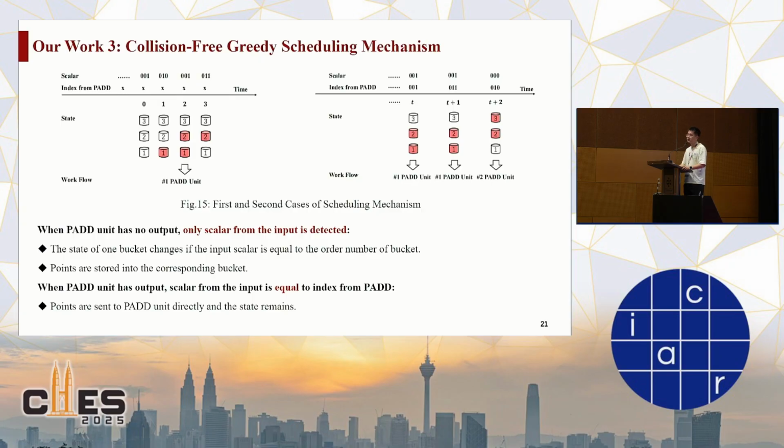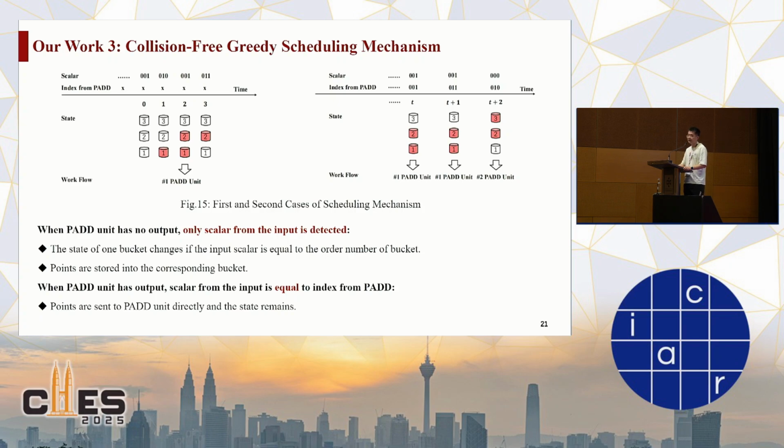We also use the register bank to record the states of each bucket. The first case is simple because when the point addition unit has no output, we only need to pay attention to the bucket with the scalar. If there is only one point in the bucket, we should read the point from the bucket and send it with the input into the point addition unit.